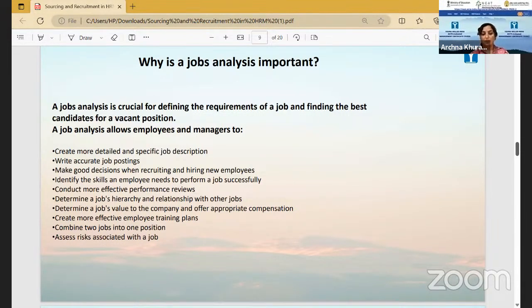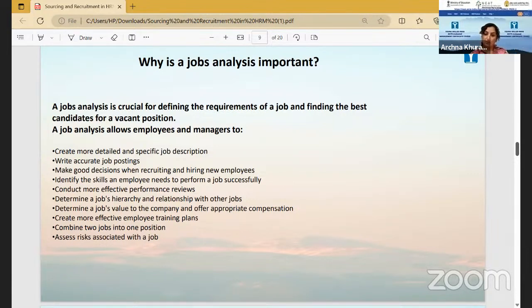Then second is write accurate job postings, because it's very, very important for a good organization for their brand value. Whatever you're putting out, especially if you're making big advertisements in newspapers or print media or online and offline both, then whatever information you're putting out in that job posting should be as accurate as possible.